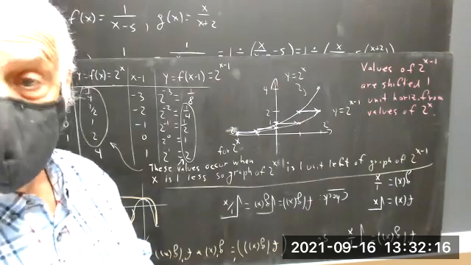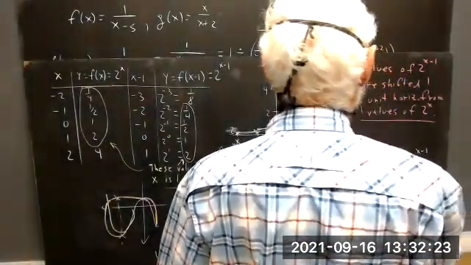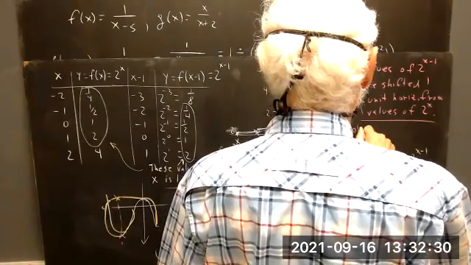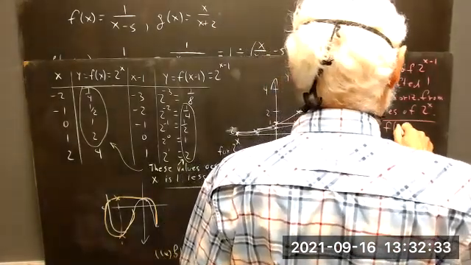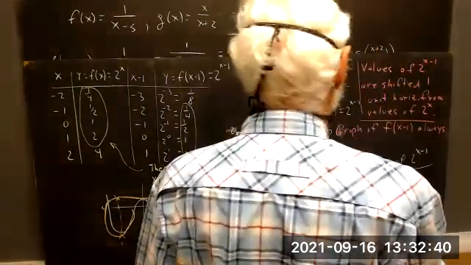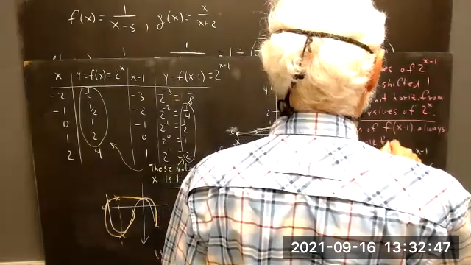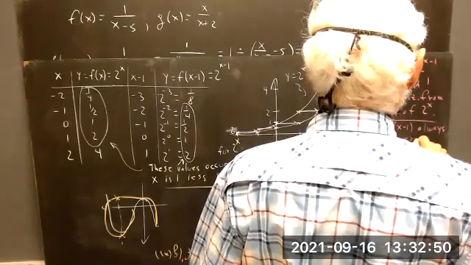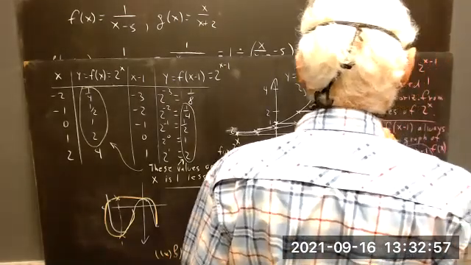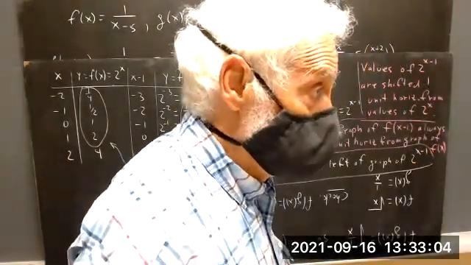For the same reason, the graph of f of x minus 1 is always 1 unit horizontally from the graph of f of x.